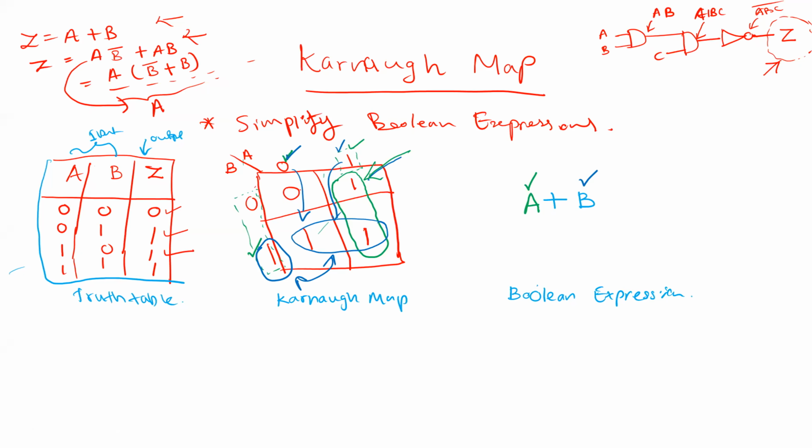Right. So that is how we use Boolean expressions with the help of a Karnaugh Map. Right. Now the second example. For this example, I'm going to give you an expression.